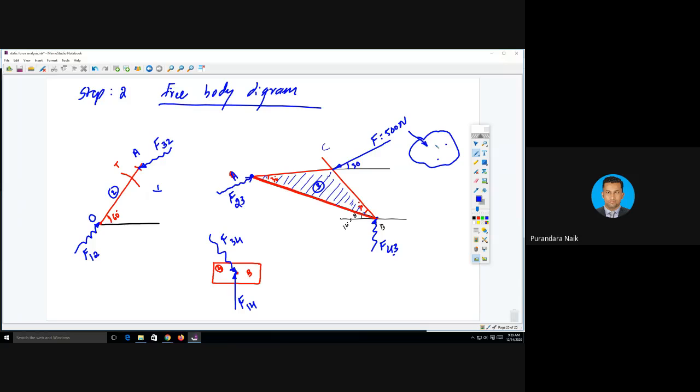These 3 forces must be concurrent. That is the first condition. Second condition, the summation of all the forces must be equal to 0. But you cannot take that, because we have two unknowns. Is it possible to find the concurrent point for 3 forces? No, because I have only one force known, and for the remaining two forces I don't know the direction.